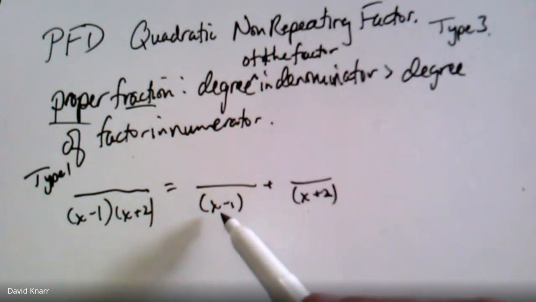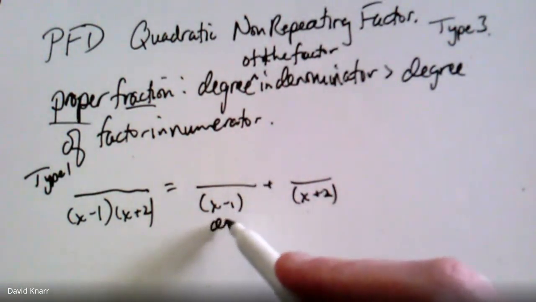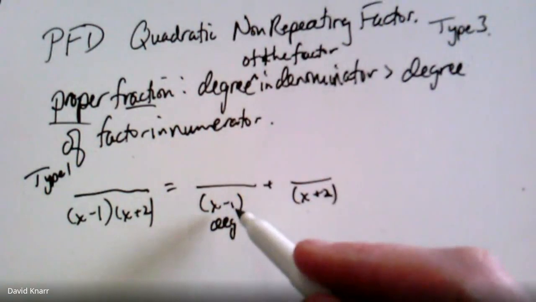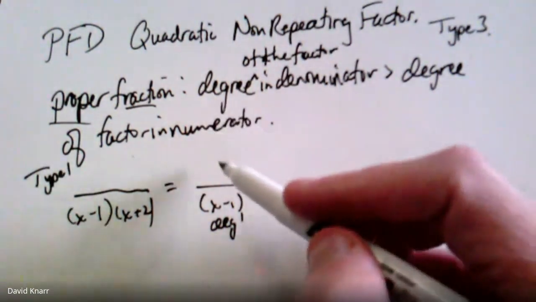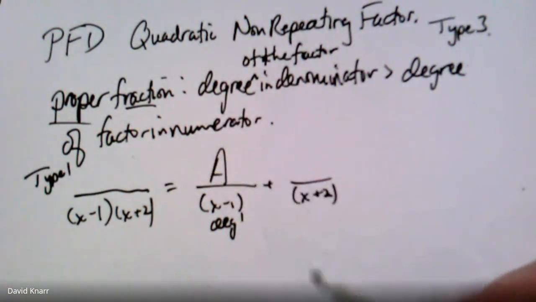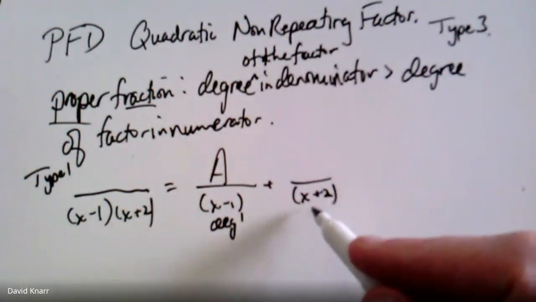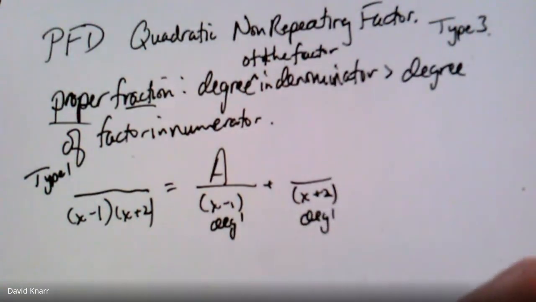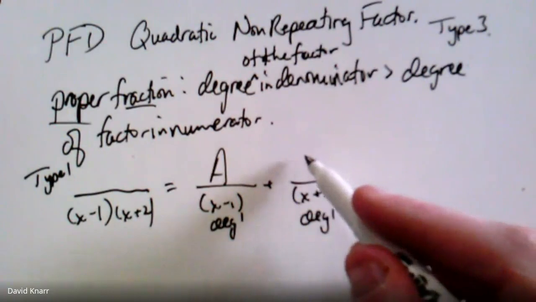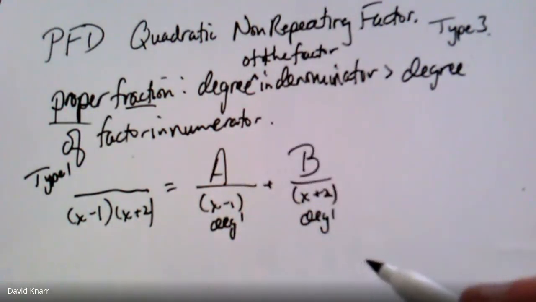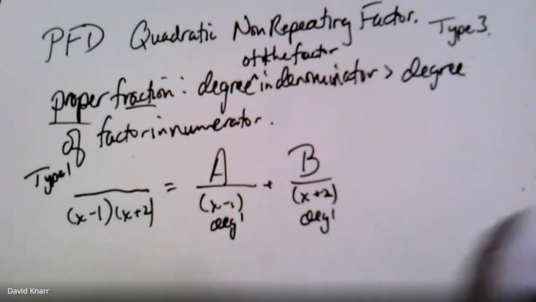It's degree 1, which means that if you have a degree 1 factor in the denominator, you can't put anything bigger than degree 0 in the numerator. So degree 0 would just be a number. So we called that number a. And then over here was the same thing. We had an x plus 2, which is degree 1, a linear factor. So on top, we had to put something degree 0. So we put a b, just a number. So that was type 1.